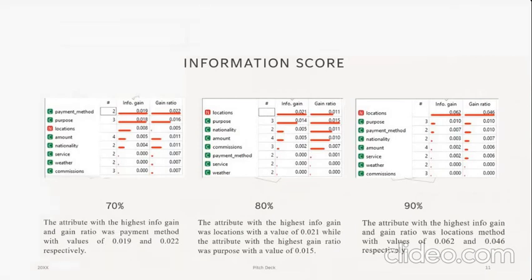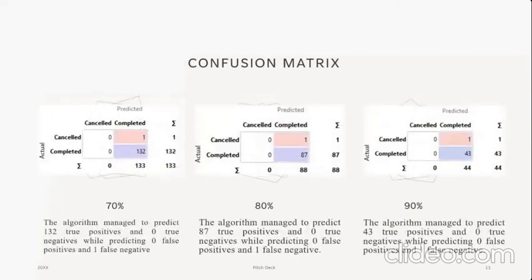And the 90% training data, the attribute with the highest info gain and gain ratio was locations method with values of 0.062 and 0.046. We didn't show the other cross validation because it represents the same number.